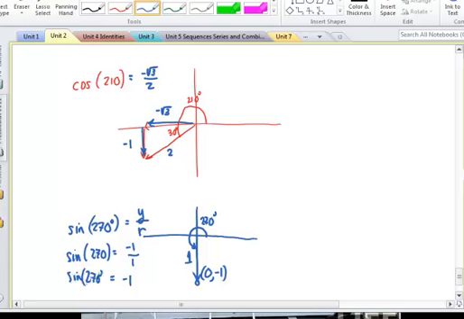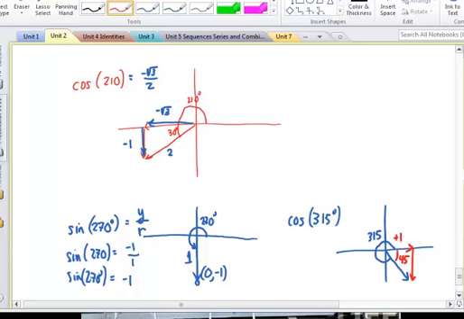We'll try one more example. Let's say that we have the cosine of 315 degrees. We draw the angle and come all the way around to 315 degrees. The reference angle is 45. We draw a reference triangle, so we end up having +1 for this side, -1 for this side, √2.